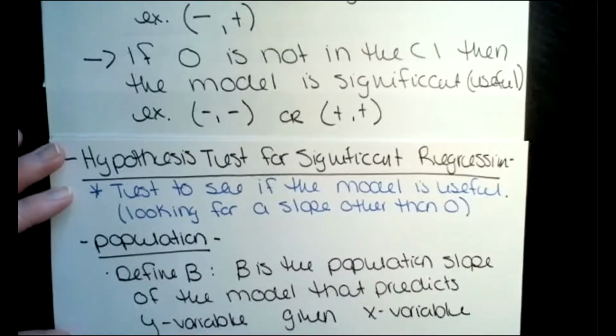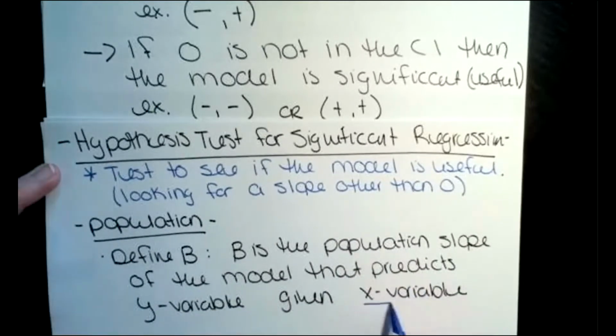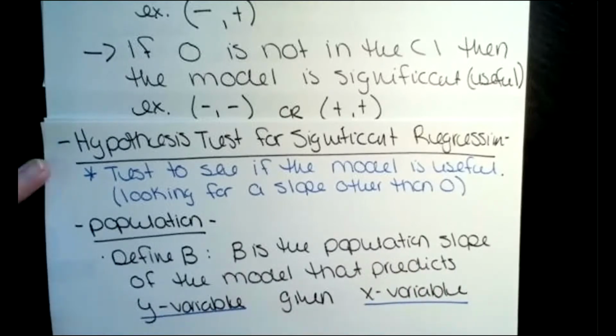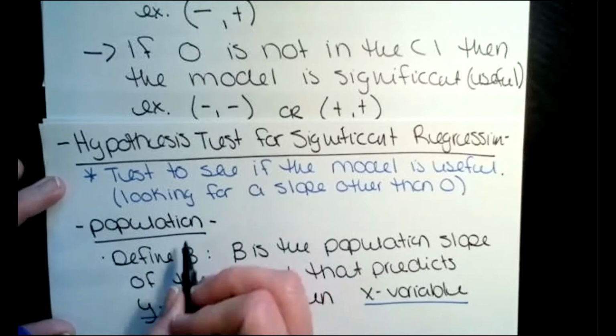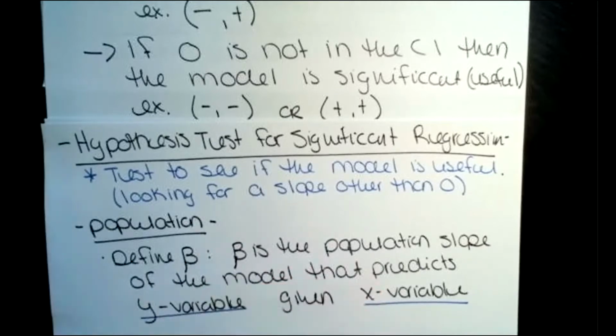Okay. So that's what we're going to do here in our population step. We're just going to define beta. No, that looks like a B, but it's a beta. There we go. So beta is just the population slope of the model, predicts y given x.